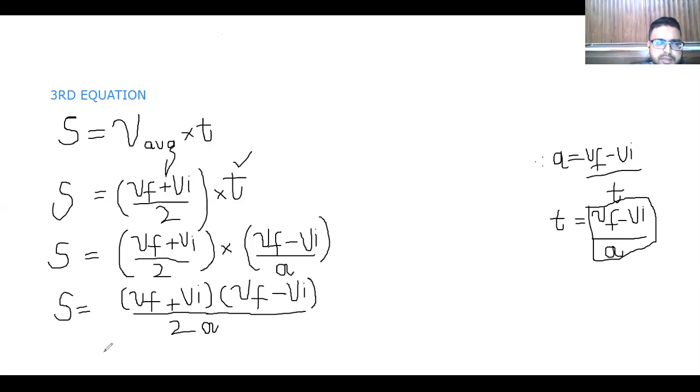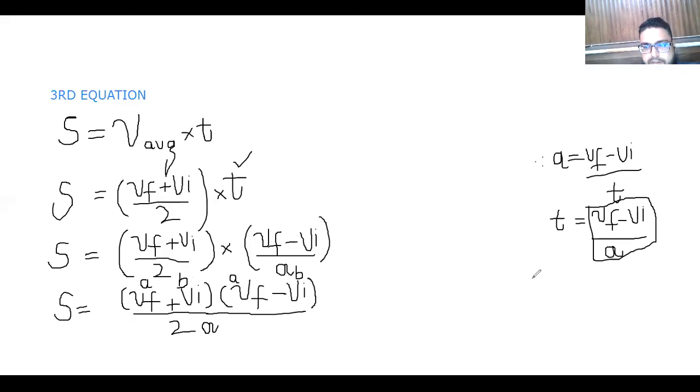Okay, now what I'm going to do is use a mathematical formula here. If you see the numerator, it has become a form of a plus b and a minus b, right? So we are considering Vf as a and Vi as b.